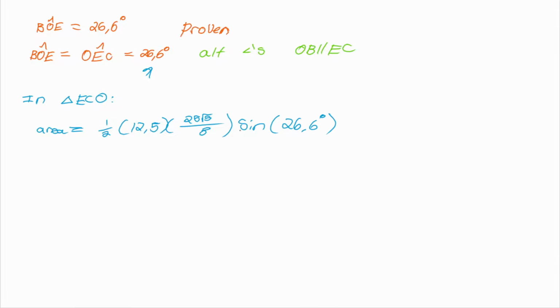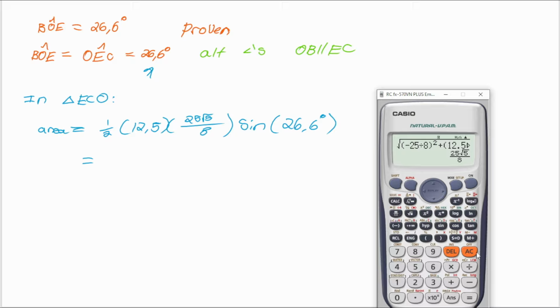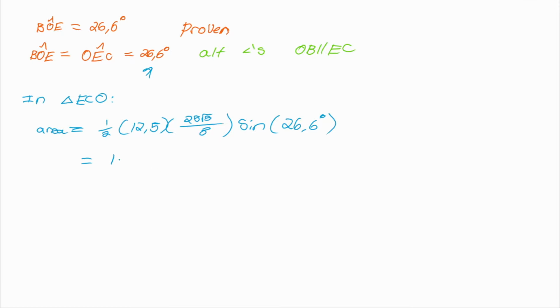26,6 degrees. Okay, so we're nearly there. So we put this all together, so it's a half times by 12.5 times by that answer I had in my calculator times by sine 26.6 degrees. And the area of this is 19,6 units square.